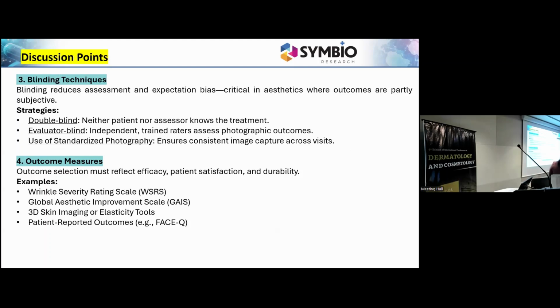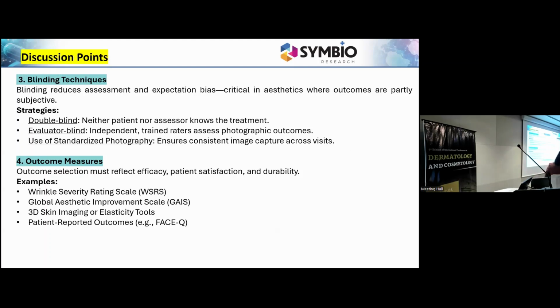Moving on. Now, blinding techniques. It is my favorite. I really enjoy speaking about this. The reason is that to reduce any sort of bias, it is very important to reduce the assessment expectation bias, and thus it is very critical in aesthetics where the outcomes are partly subjective.